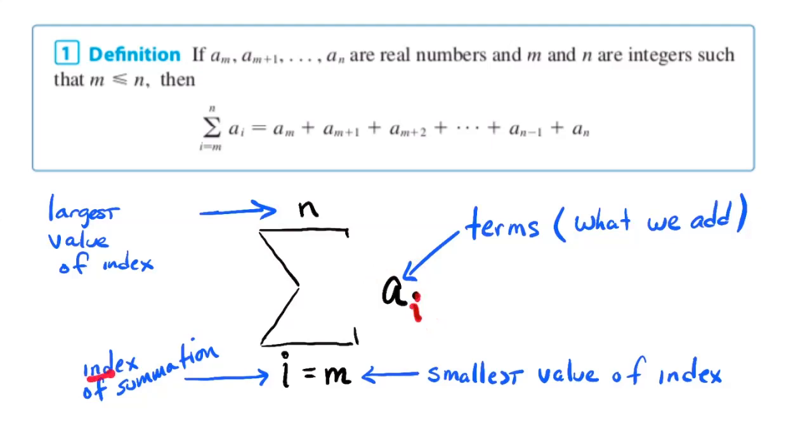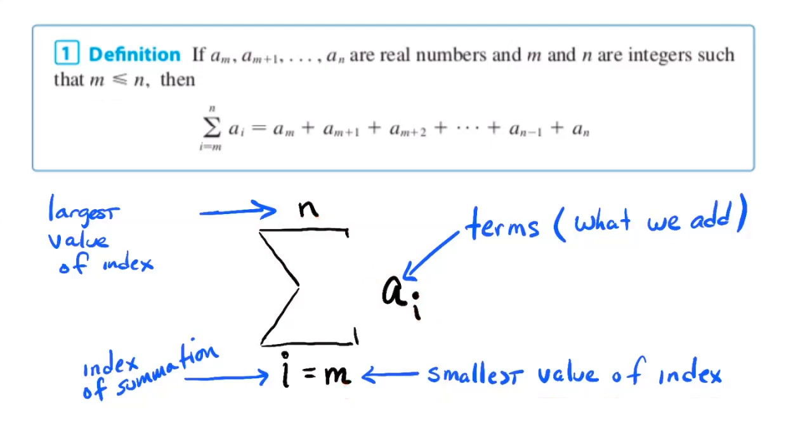An index is just a counter. It's a whole number, and it starts at some smallest value. That's called the lower index of the sum, and it stops at some biggest value. So you can see in the author's notation here that n has to be at least m, bigger than or equal to it. And the index takes on every value between m and n, no skipping.